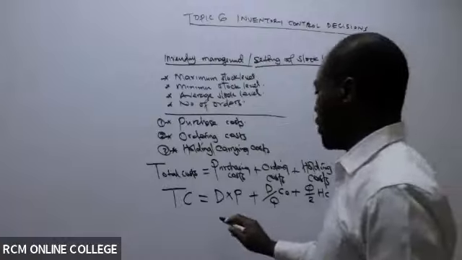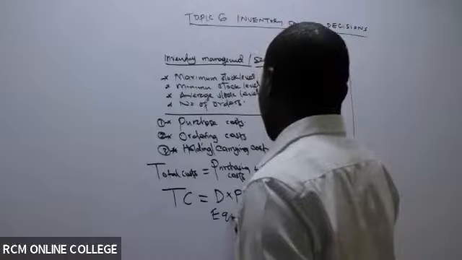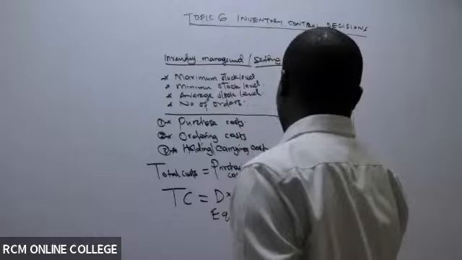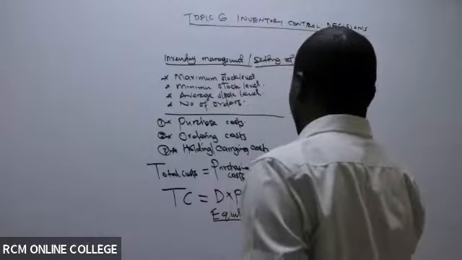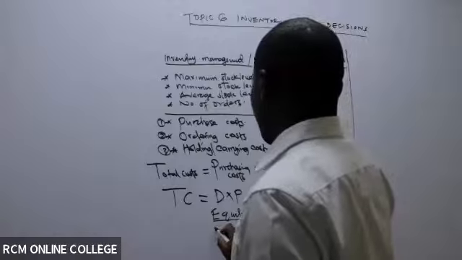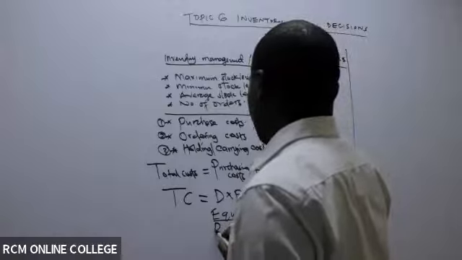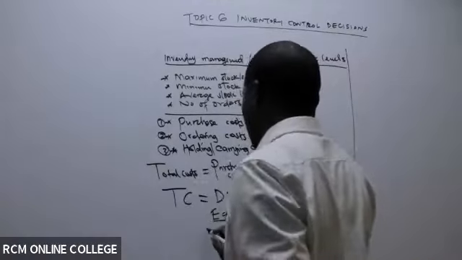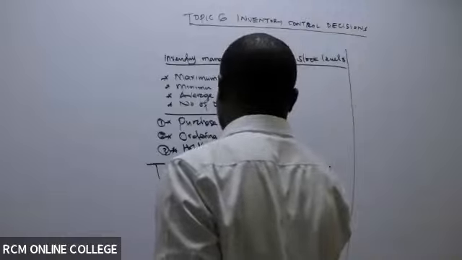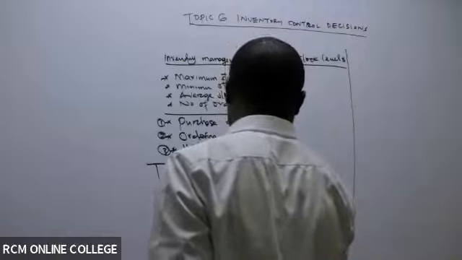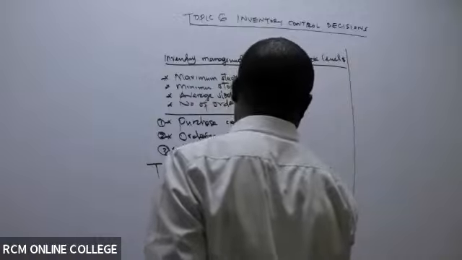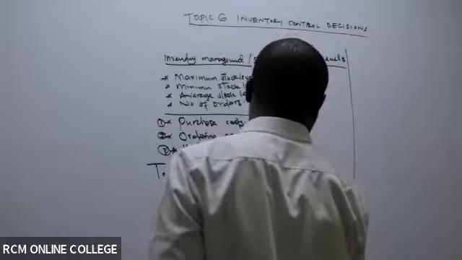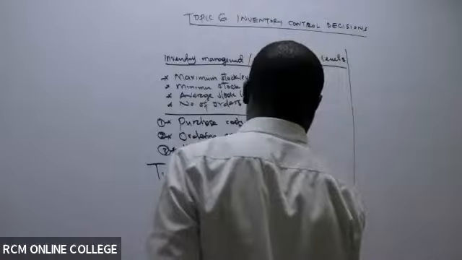So at equilibrium point, we expect total holding cost, we can have it in words first of all, total holding cost should be equivalent to total ordering cost.